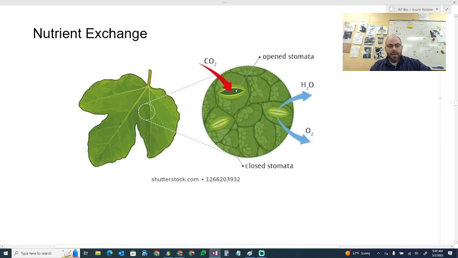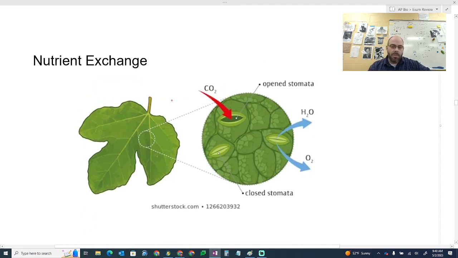And the same thing can happen through nutrient exchange. Plants have these little mouths that are called stomata. And these stomata allow for CO2 to come in and water to come out. Both are necessary portions of a plant's life. And as a plant has access to CO2 and water and appropriate sunlight, it's going to create more stomata.